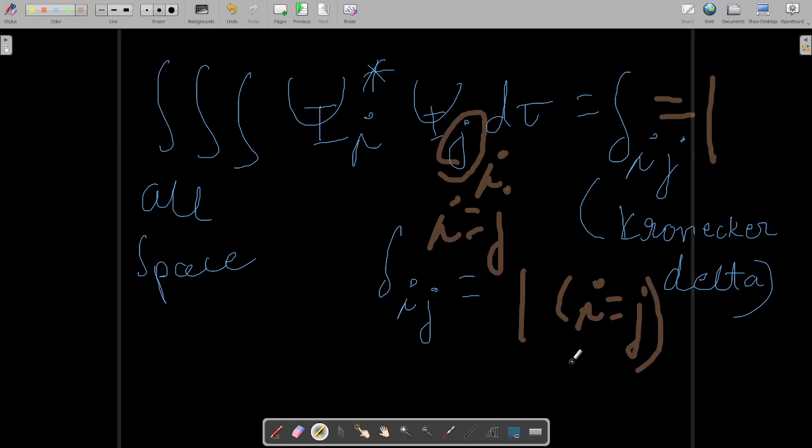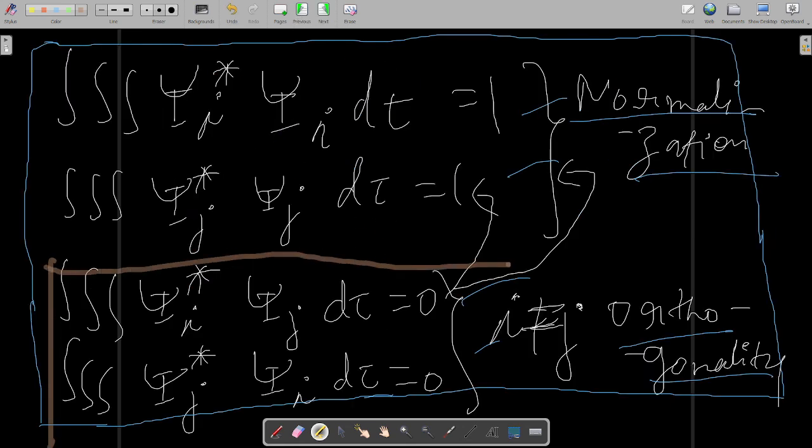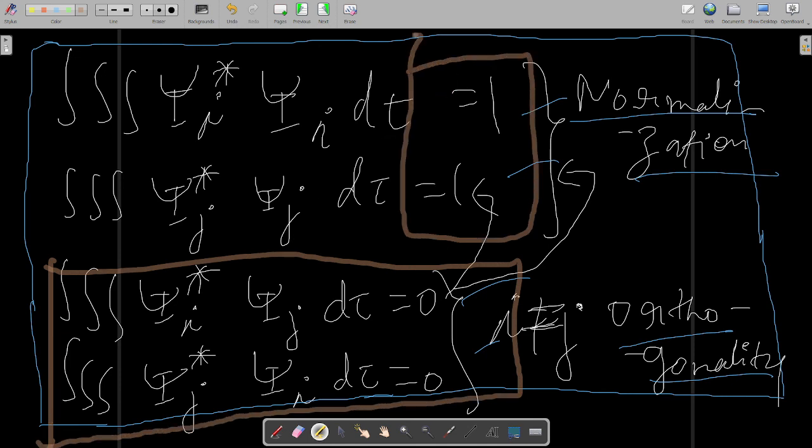And when i is not equal to j, then such things cannot be written. Then i and j will be independent of one another. And if i and j are independent of one another, then clearly the condition given at the bottom will hold good and it will yield you 0.